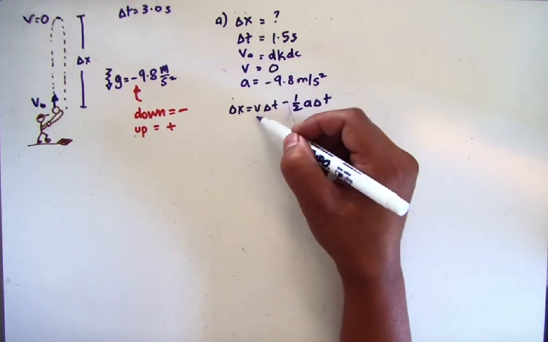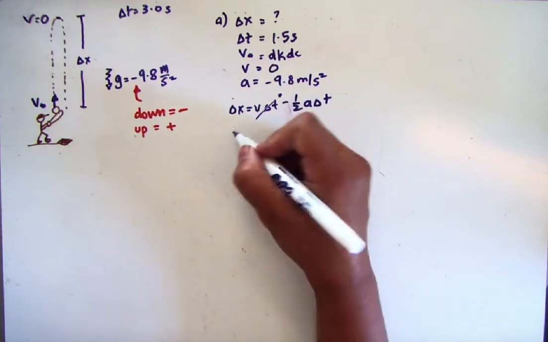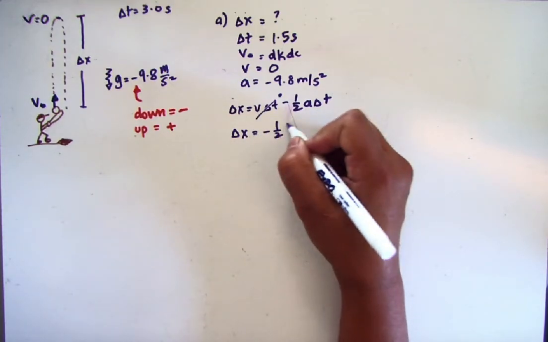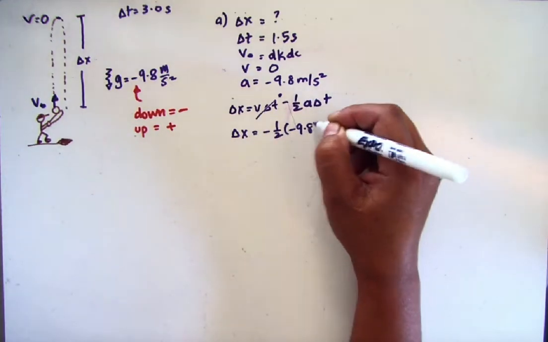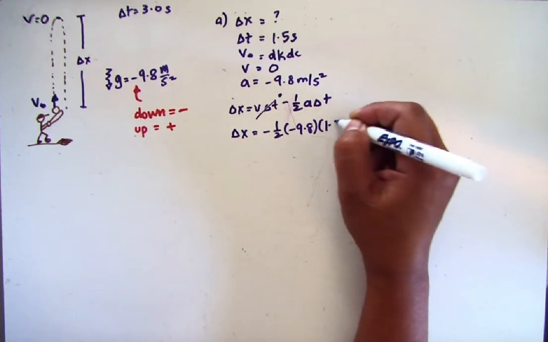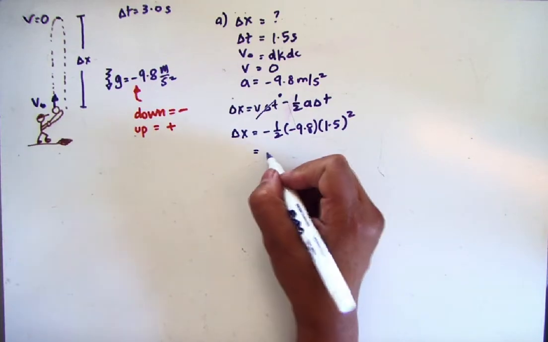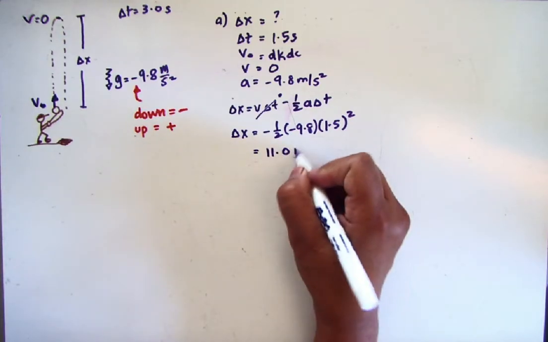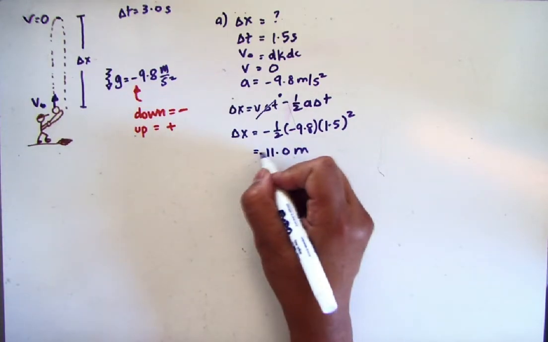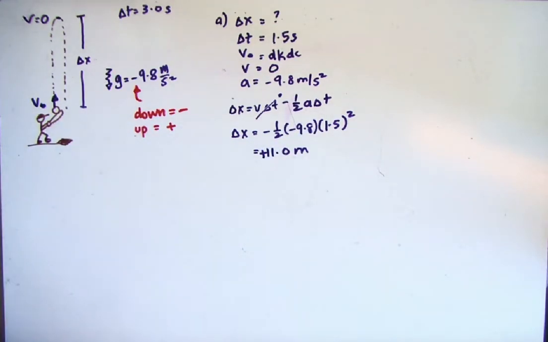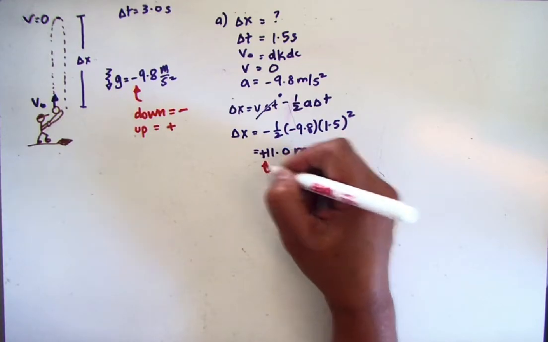Let's plug in the information we know. Well, v is 0, so this whole term goes to 0. I'm left with delta x equals negative 1/2, a is negative 9.8, and then delta t is 1.5 squared. Plug all that in, and I end up with approximately 11 meters. You can see that it's negative times negative, which is positive. Again, that positive implies up.